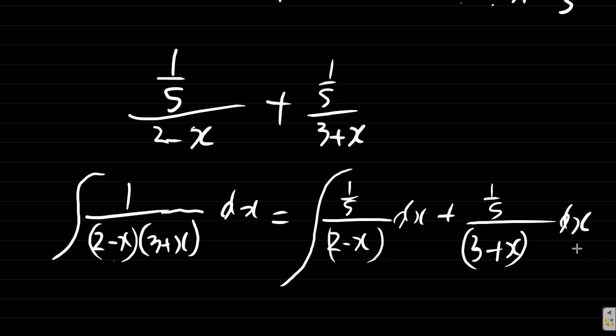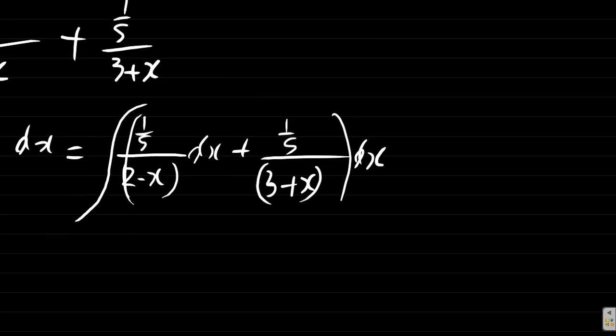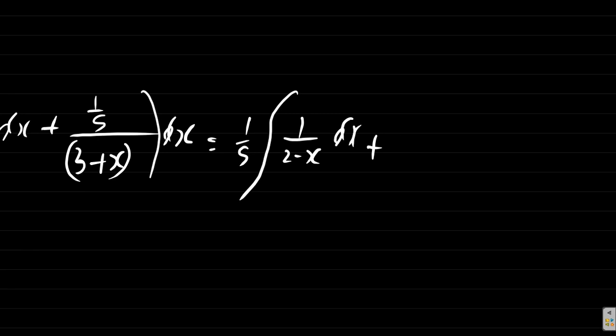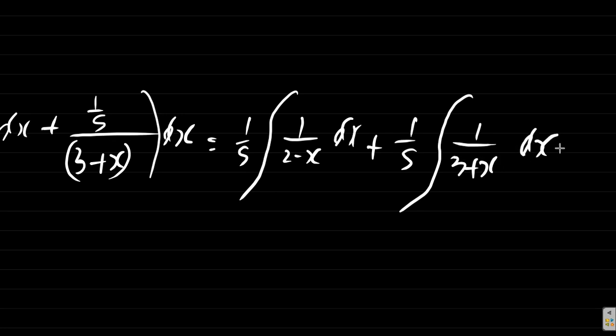You see that? Which would be the same as 1/5 of the integral of 1 over 2 minus x dx plus 1/5 of the integral of 1 over 3 plus x dx. Alright? So that's what you have.